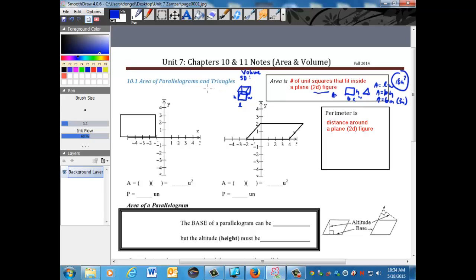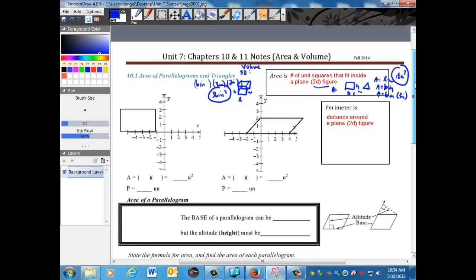So if we take 6 inches as the height, multiplied by 3 inches as the length, multiplied by 2 inches as the width, we would get 36 inches cubed, so units would be cubed. All right, but we're not there yet, so let's jump back to our 2D figures.